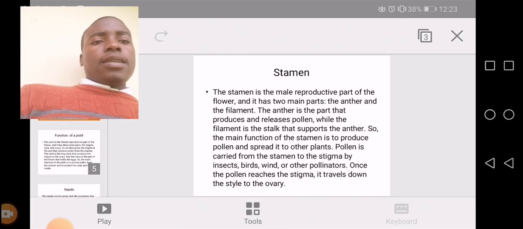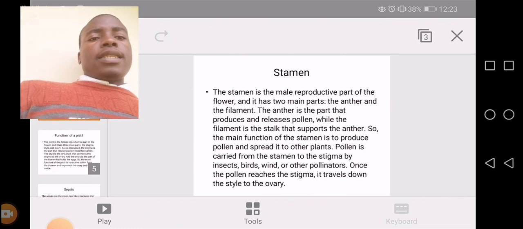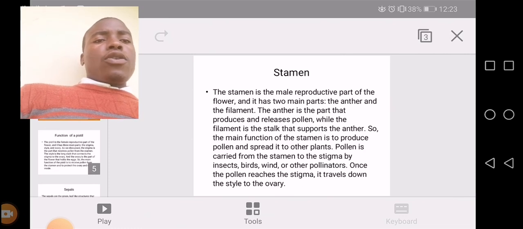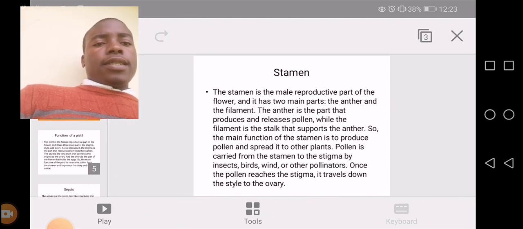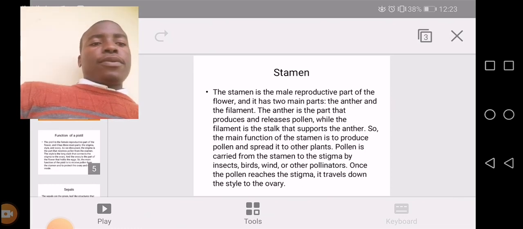We have the stamen, which we call the male reproductive part of a flower. It has two main parts, the anther and the filament. The anther is the part that produces or releases pollen, while the filament is the stalk that supports the anther.